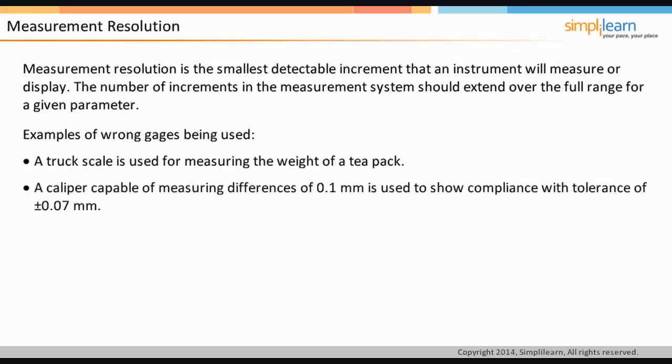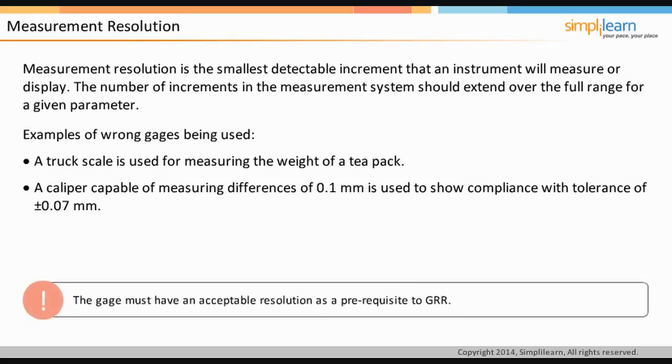A caliper, capable of measuring differences of 0.1 millimeters, is used to show compliance when the tolerance limits are plus or minus 0.07 millimeters. Thus, the measurement system that matches the range of the data should only be used. An important prerequisite for GRR studies is that the gauge has an acceptable resolution. In the next screen, we will look at examples for repeatability and reproducibility.